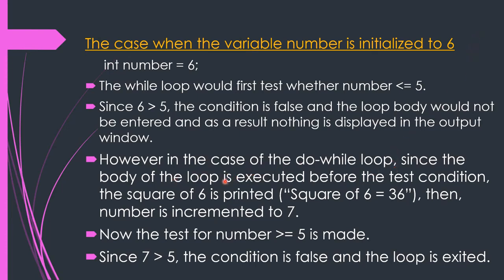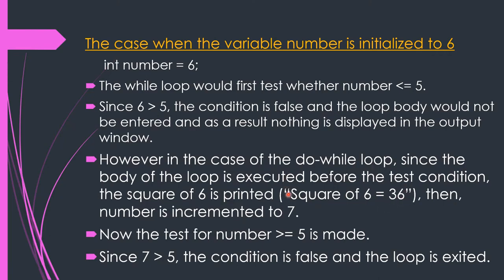Since the body of the loop is executed before the test condition, the square of 6 is printed, then number is incremented to 7. Means, as we just discussed, in do while loop, first of all, the statement is executed at least once. Here the statement is executed. Square of 6 is equal to 36.